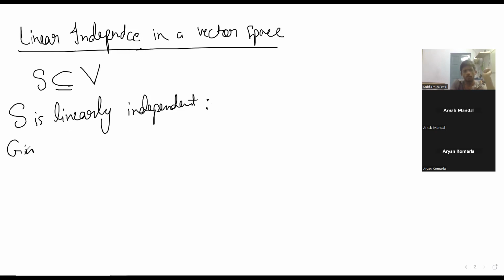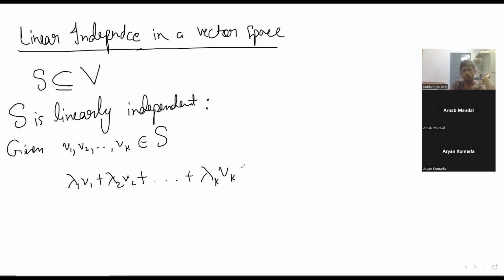So basically, given any k things in S, lambda 1 v1 plus lambda 2 v2 plus ... plus lambda k vk equal to 0, where lambda is a scalar multiplied to that vector, implies that these are all 0.